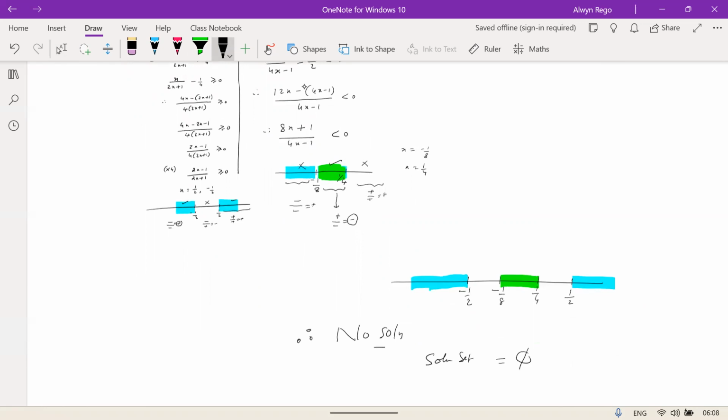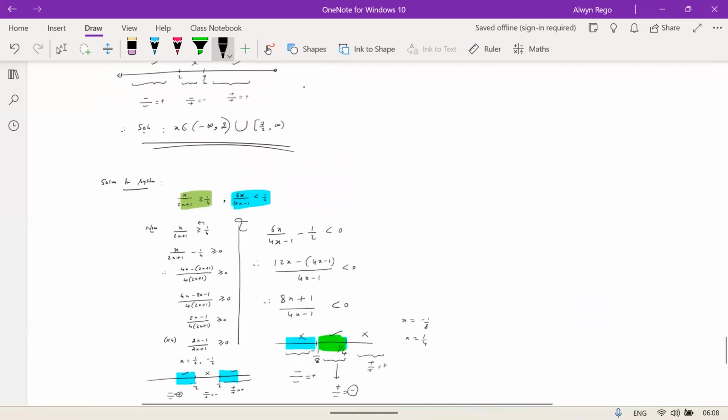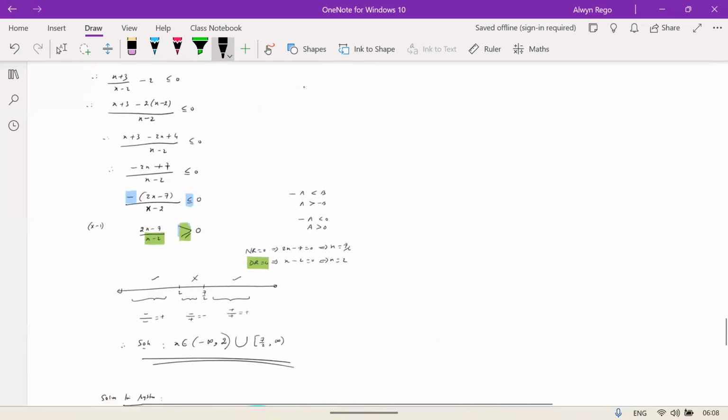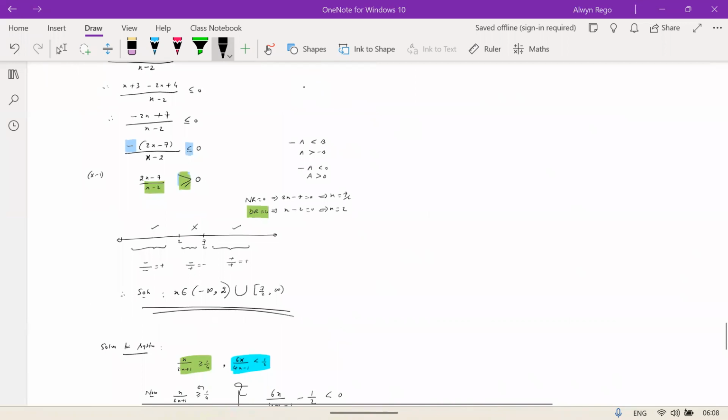If you're looking for values satisfying the blue conditions, more than half or less than minus half, while also staying between minus 1 by 8 and plus 1 by 4, you'll miserably fail. There's no solution. So the system has no solution here. I hope you understood the lesson.